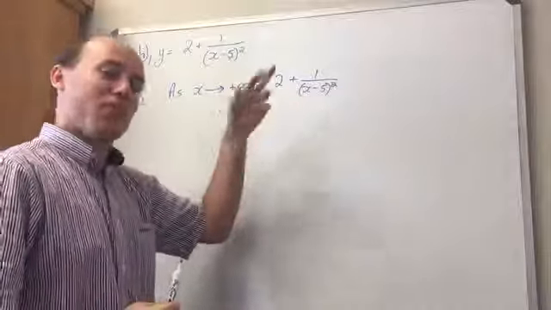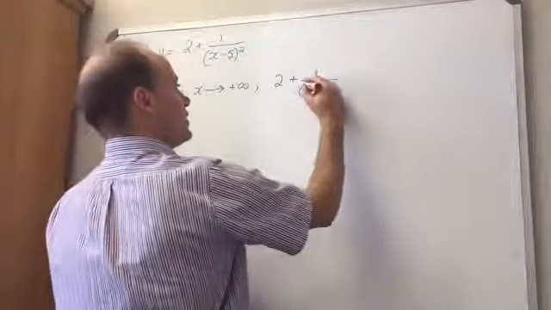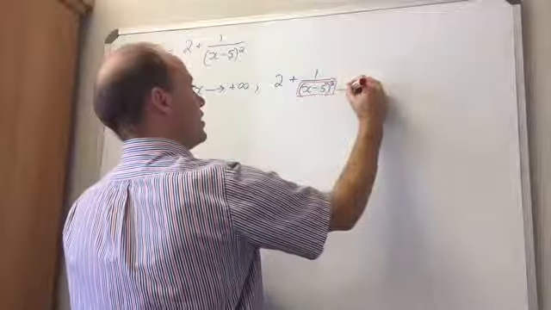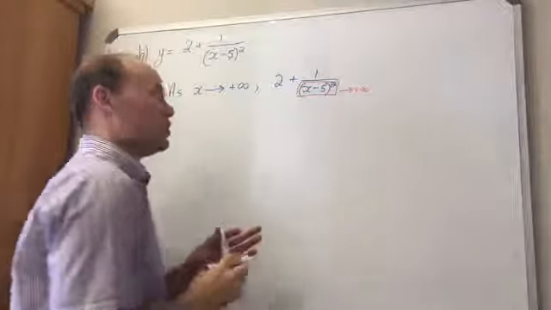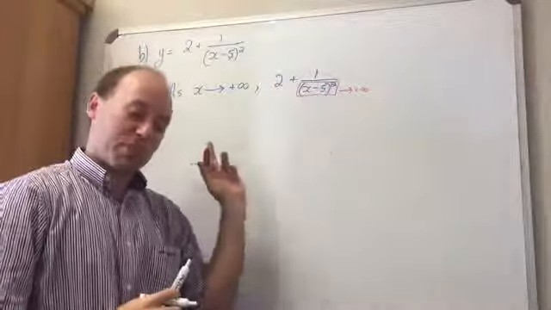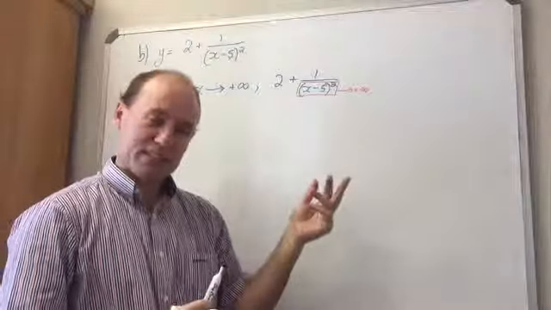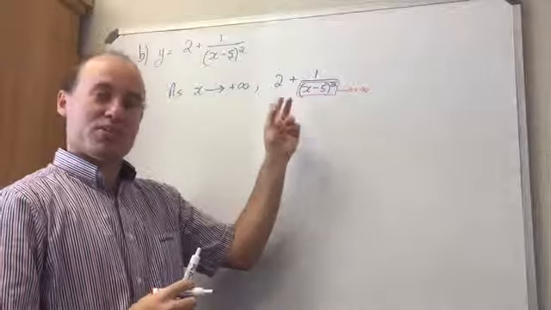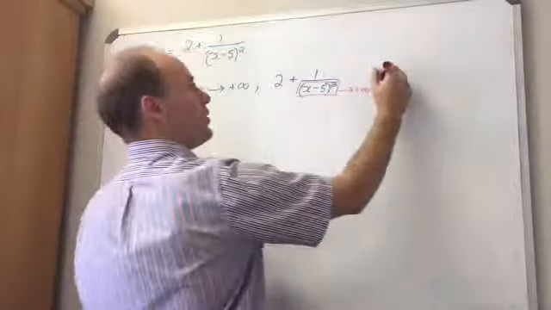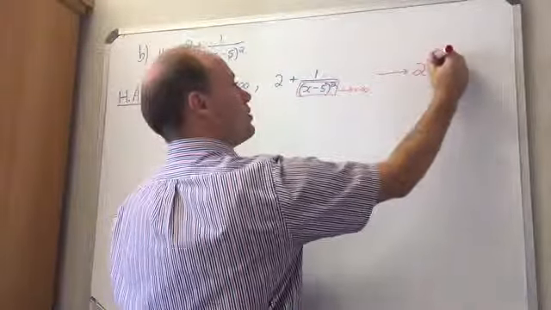So x minus 5 squared is also approaching infinity. So this thing in the bottom is approaching plus infinity. So 1 over a number that's approaching plus infinity will tend towards 0 from the right. And then I add that to 2, and I get something that approaches 2 from the right.